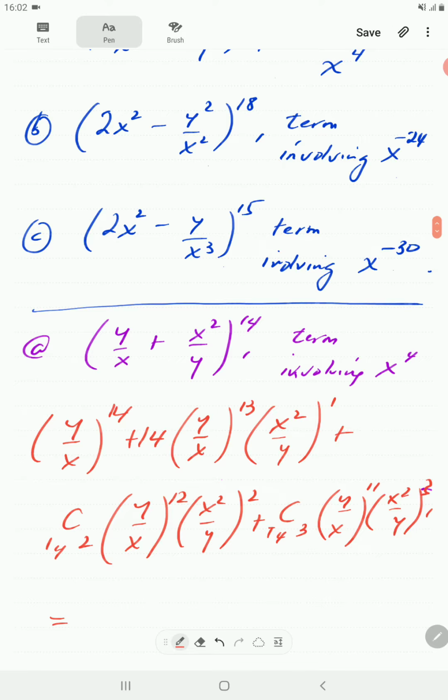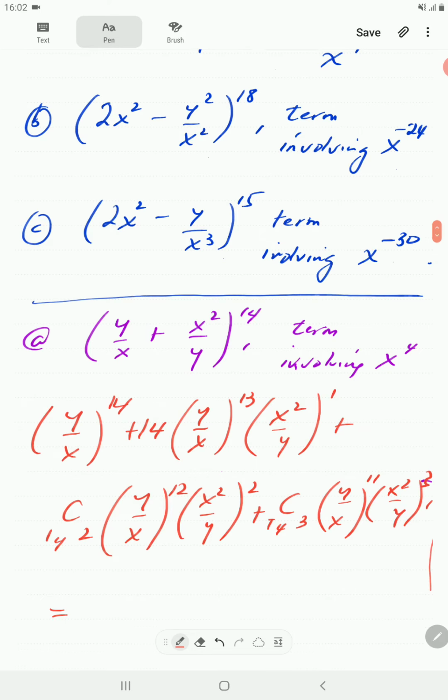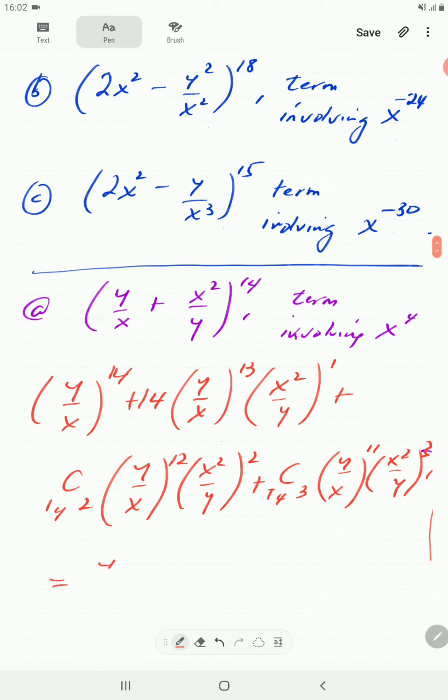So first term is going to simplify to y to the power 14 over x to the power 14. Second term is going to simplify to 14, y to the power 12, and then this is going to be over x to the power 11, being 13 minus 2.